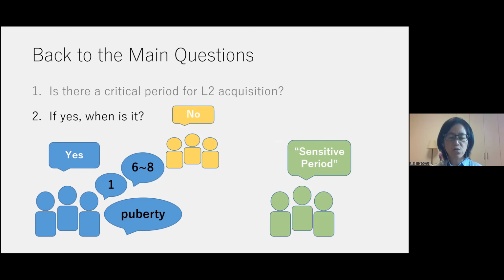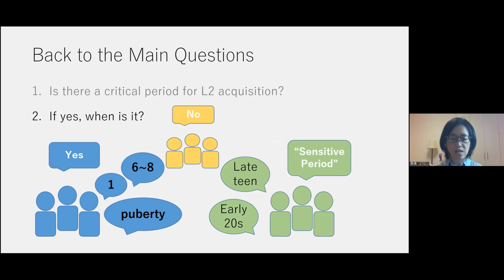Supporters of the sensitive period tend to have a longer period. The endpoint is more extended, and they have proposed that maybe the sensitive period ends around late teens or early 20s. So we see a variety of ages that people are proposing as to at what age this very important window of opportunity ends.